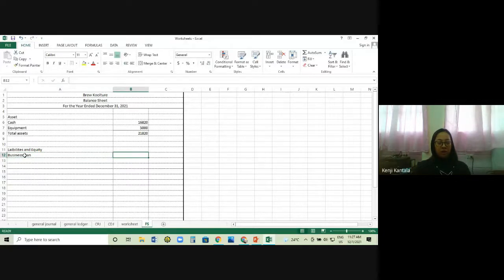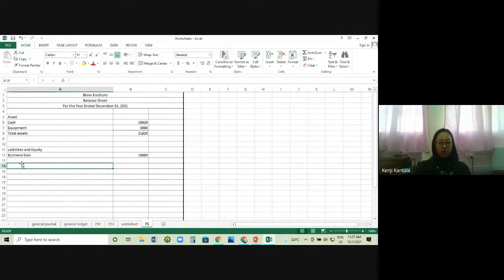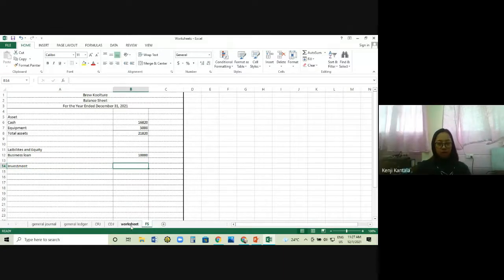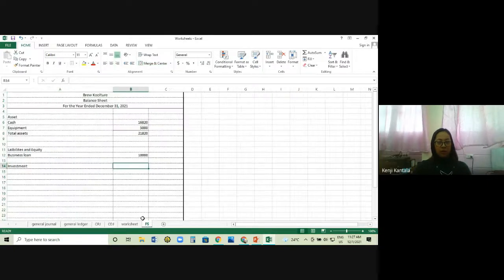Okay, so we have business loan for 10,000. How about yung equity natin? Meron ba? Yes, ma'am. Magkano? Yung sa personal investment po. Ano yon? So that is at 15,000 pesos.